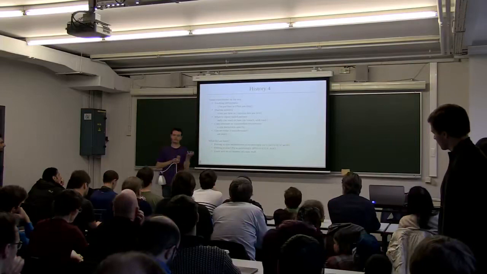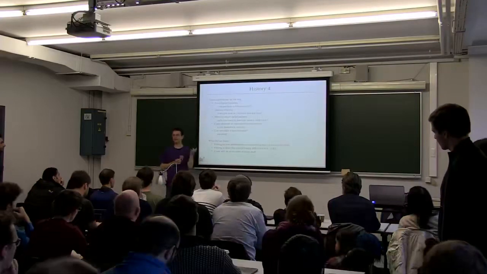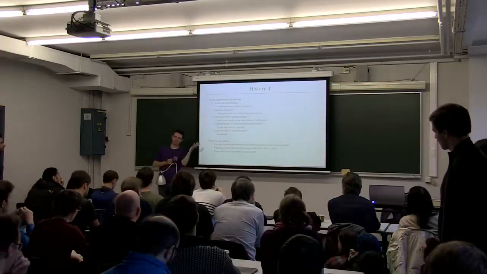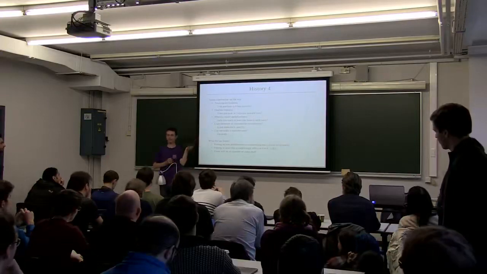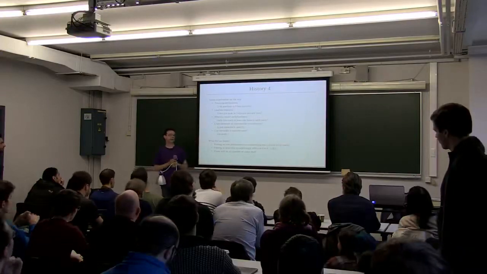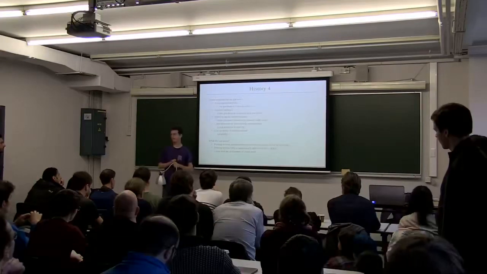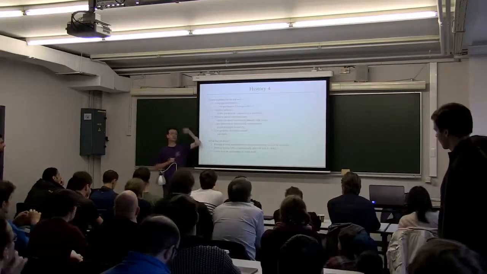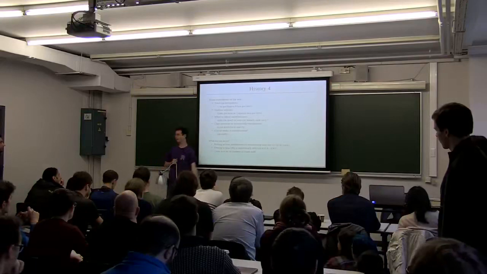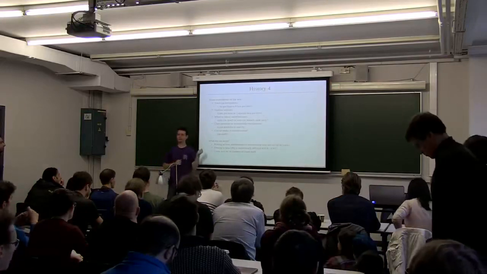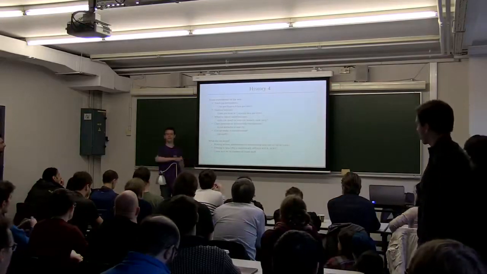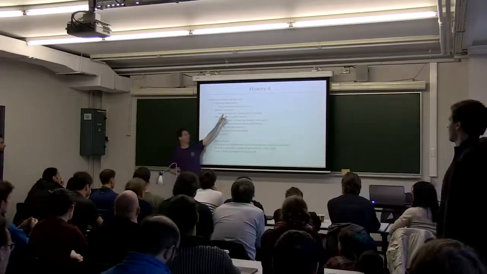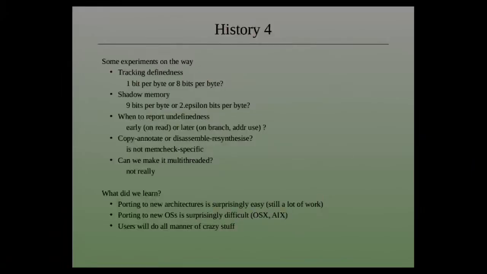If you have a byte where some bits are defined and some are not, then you have to say, well, we're going to represent it as totally defined or totally undefined. And there's a lot of code that deals with a lot of bit fields. I tried this, and what you get is thousands and thousands of false errors, or if you put it the other way, you miss lots of errors. So it's like, okay, we're going to do 1 bit per bit shadowing, even if that's expensive, because we need that to get a really accurate system.